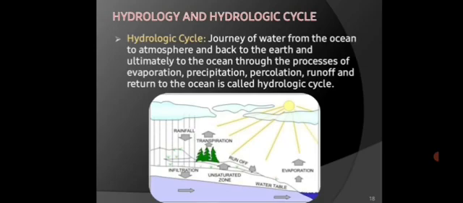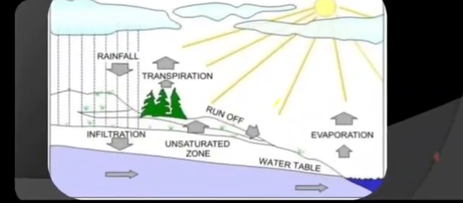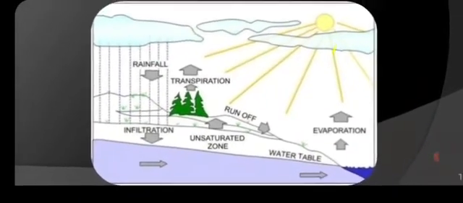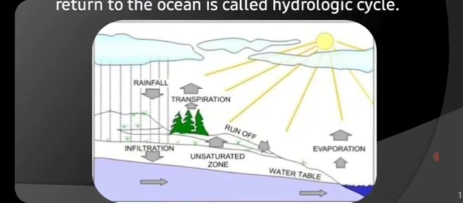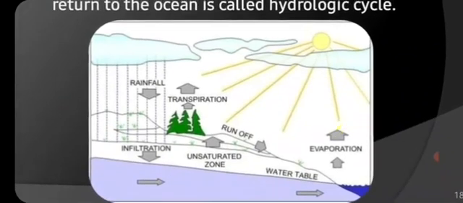So let's see this figure. It is a very simple one. In the presence of sun rays or sunlight, the water evaporates from the earth surface water bodies.